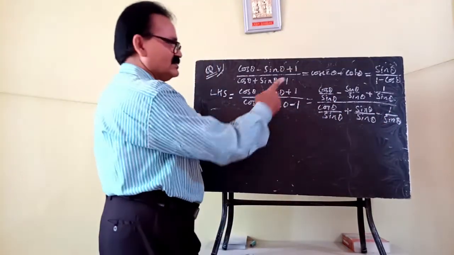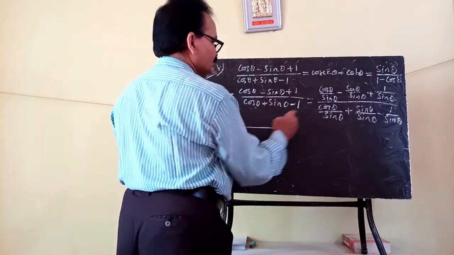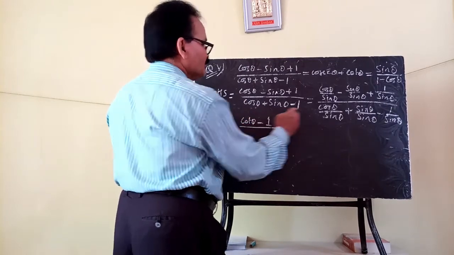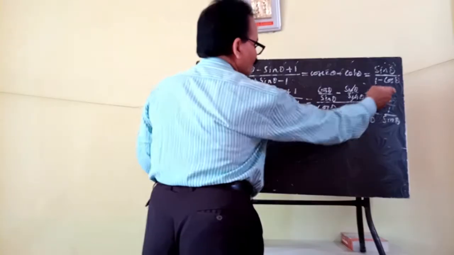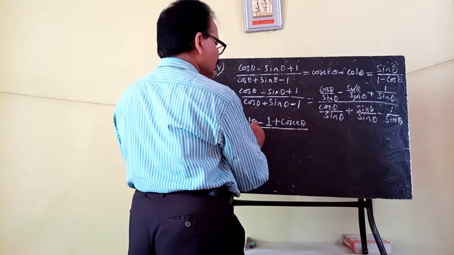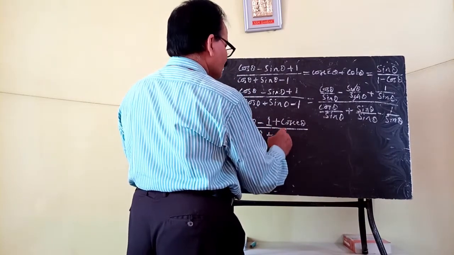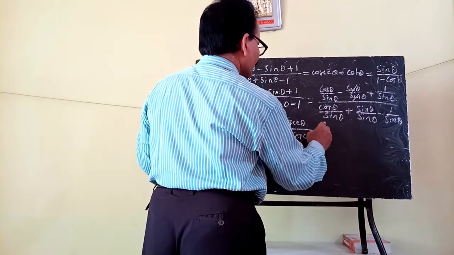Clear? So from that relation, cos theta by sin theta is your cot theta, minus 1 because sin theta cancels, then 1 by sin theta is your cosec theta. Similarly, here also this is your cot theta plus 1 minus cosec theta.